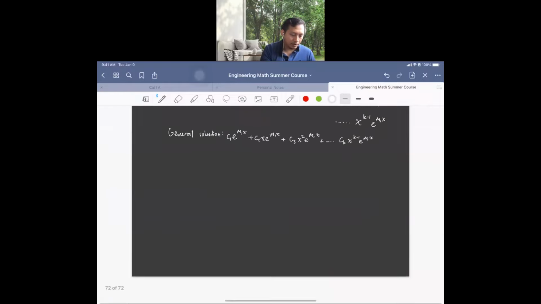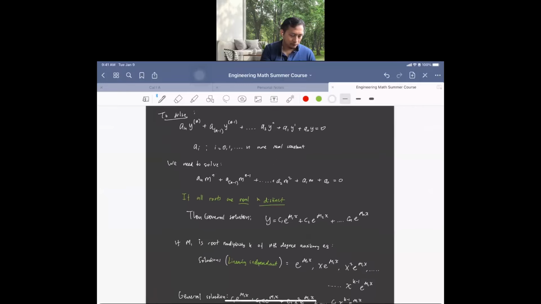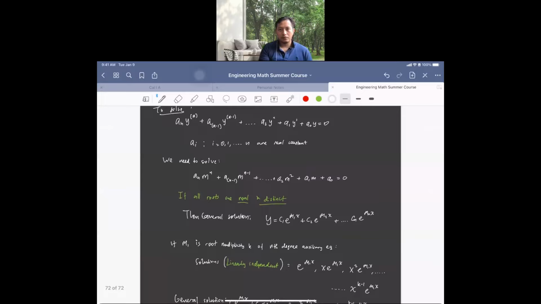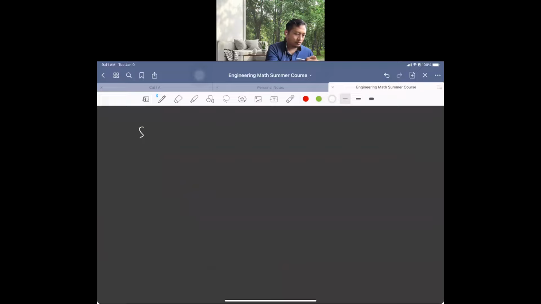Let me give you an example of what I mean by conjugate and complex pairs. Again, it should be homogeneous and linear.